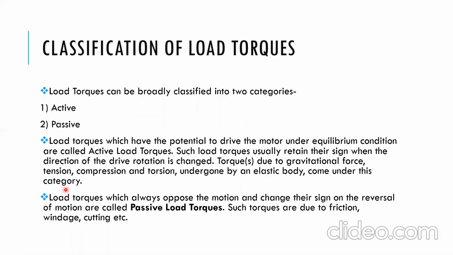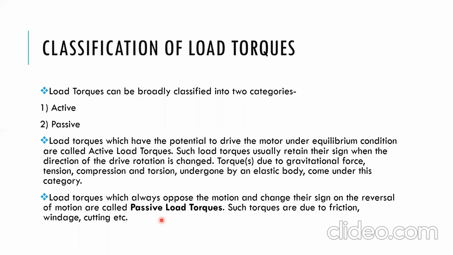Whereas passive loads change their sign. Load torques which always oppose the motion and change their sign on reversal of the motion are called passive load torques. Which are the passive load torques? Friction, windage, cutting, etc. For example, if the machine is running in a clockwise direction, the friction will act in the anti-clockwise direction. When the motor is running in the anti-clockwise direction, the friction will act in the clockwise direction.